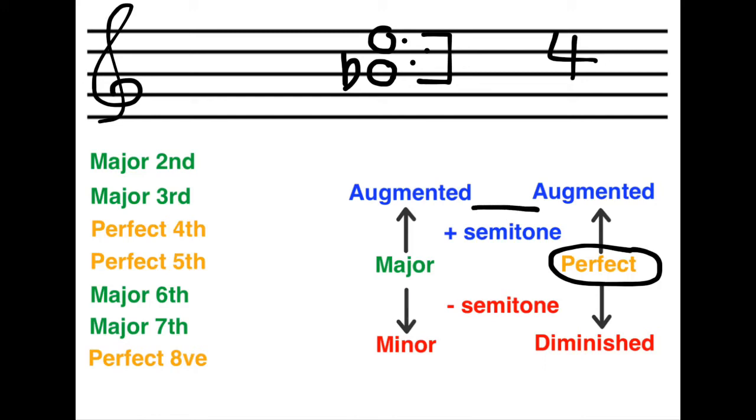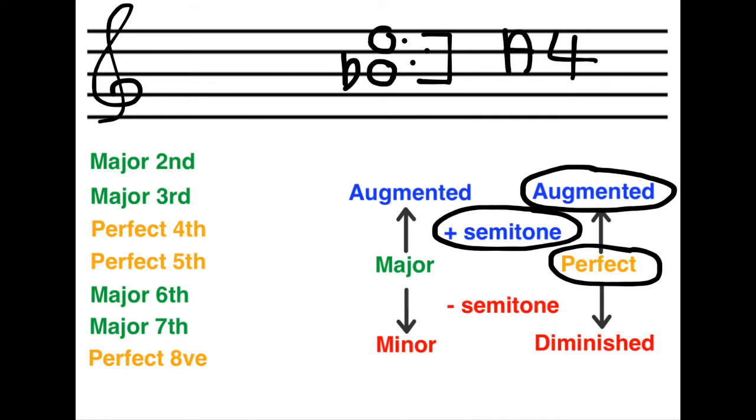So you've made that distance a semitone larger, and that means that that perfect fourth now becomes an augmented fourth. So capital A for augmented. Okay. So the only time you use lowercase is for minor and diminished. For major, perfect, and augmented, they're all capital. Okay. So that's an augmented fourth.